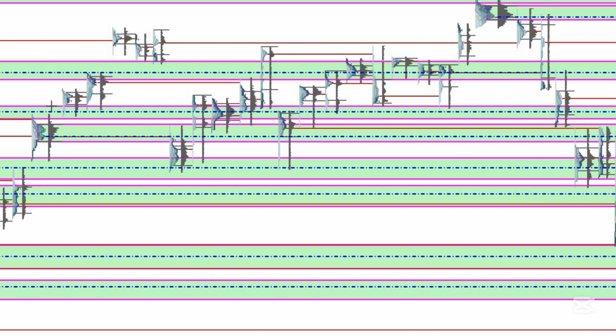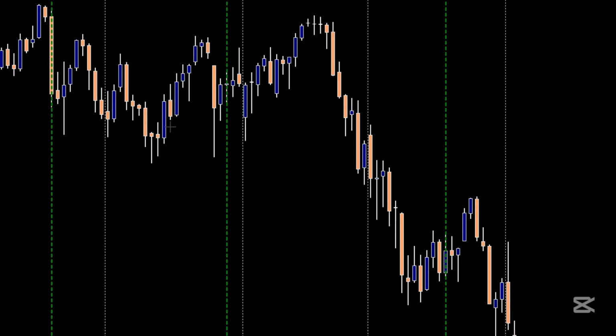This profile over here is the 15th of January, and I will show you the corresponding candlestick to this day. So the 15th of January is this bearish candlestick over here.